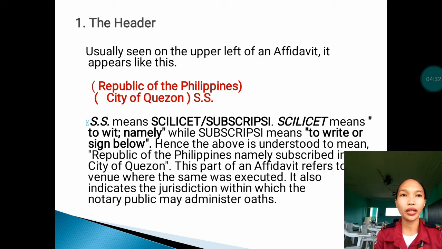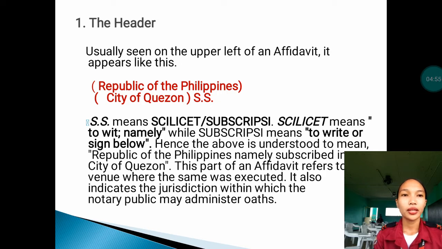So, first, the header. Usually seen on the upper left of an affidavit, it appears like this: Republic of the Philippines, City of Quezon, SS. SS means scilicet, and scilicet means to wit, namely, while subscript means to write or sign below.